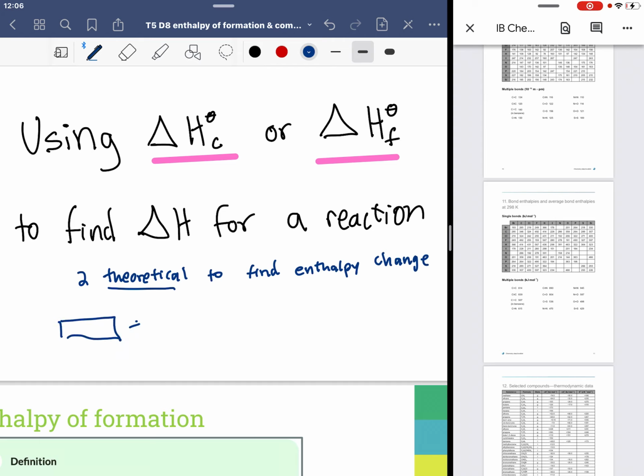That means for some reaction where we have reactants and products, we can look up either the delta H of combustion data or the delta H of formation data for each reactant or each product.